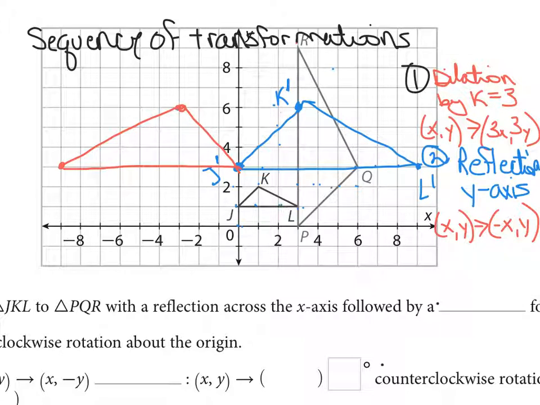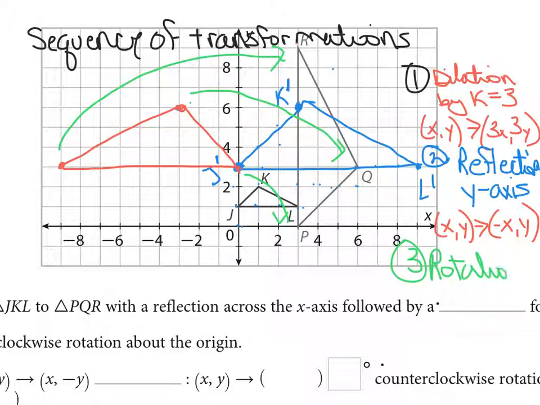Then finally, we need to rotate it and move it up. If I moved these points, that would move there, Q would move here, and J would move down here. That is a rotation of 90 degrees clockwise, right? Let's check what those points are. This point is (-9, 3).